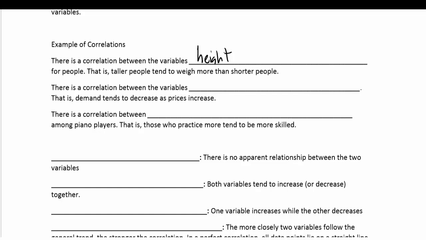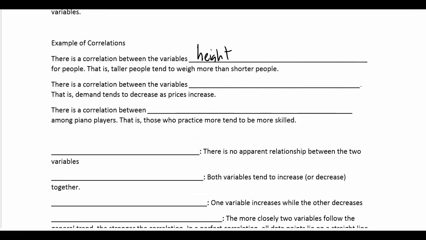Let's see, the correlation between the variables demand for apples and price of apples. Okay, another example of correlation that we can sort of see out in the real world. We're going to compare demand for apples versus the price of apples.